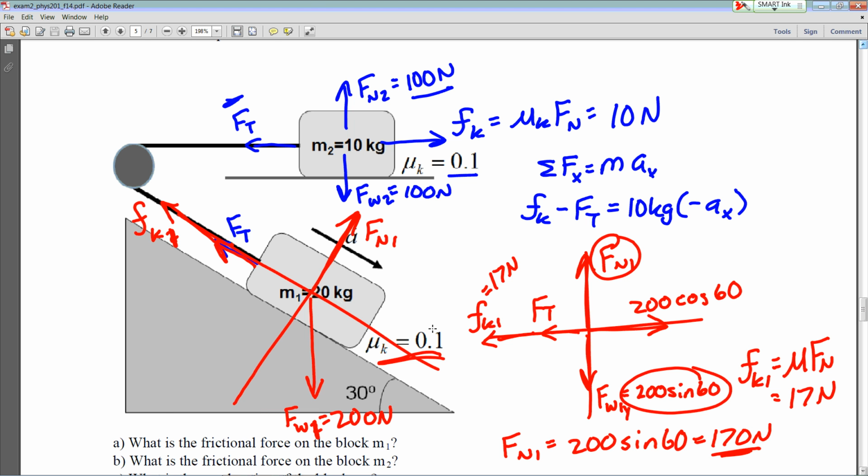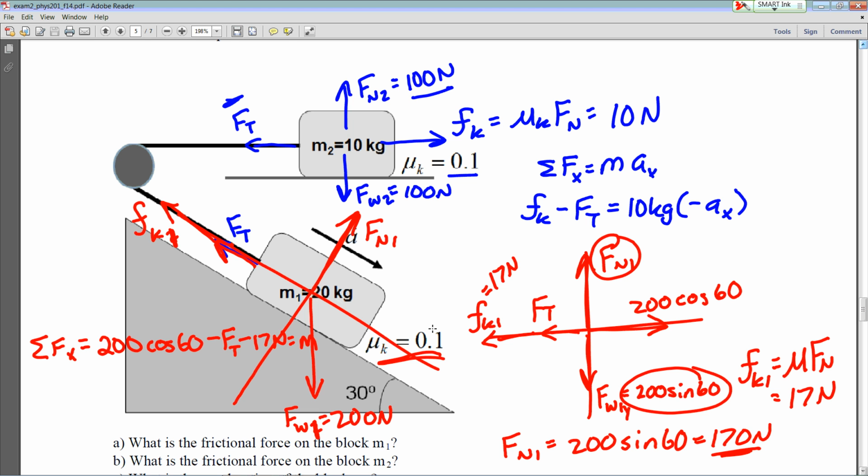Okay, and now I can write my sum of the forces in the x direction. I'm going to run out of space here, so I'm going to write over here on the left. So the sum of the forces in the x direction is going to be 200 cosine 60 minus Ft minus Fk1, which is 17 newtons.